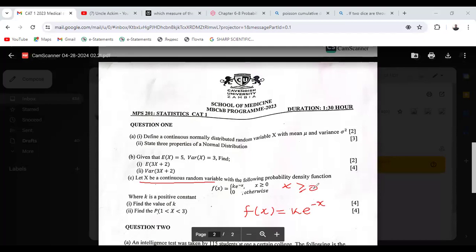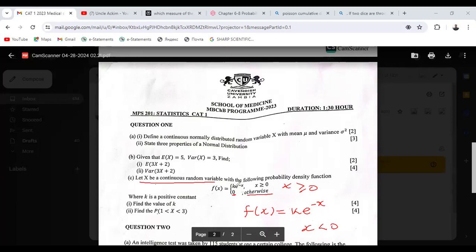If x is greater than or equal to 0, we are talking about 0, 1, 2, 3, 4, 5, and so on, then the function to work with is this one. But if x is less than 0, which are negative numbers, then the answer is definitely just 0. That's the meaning of 0 otherwise.